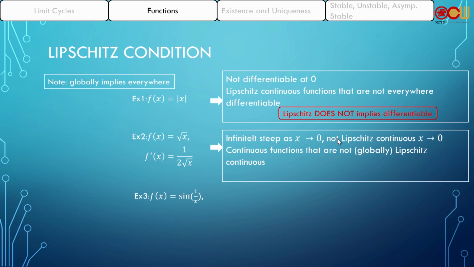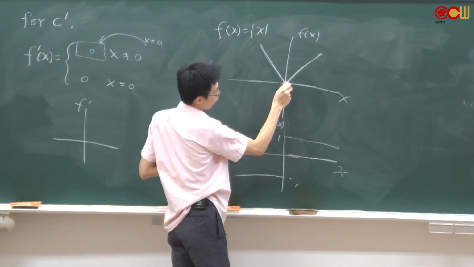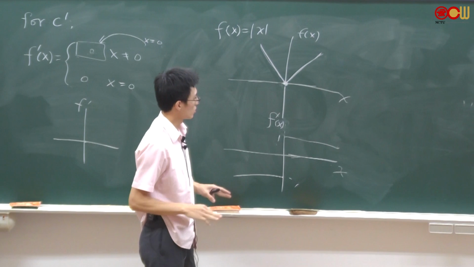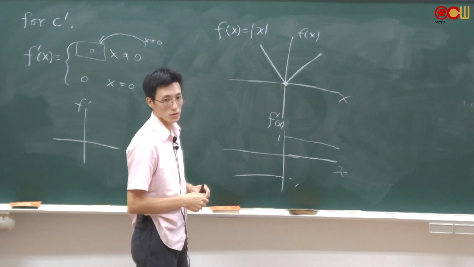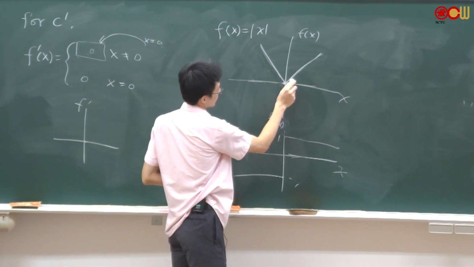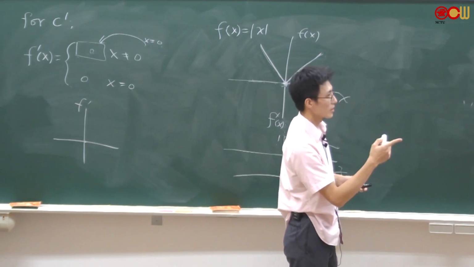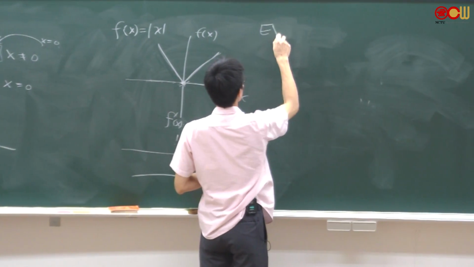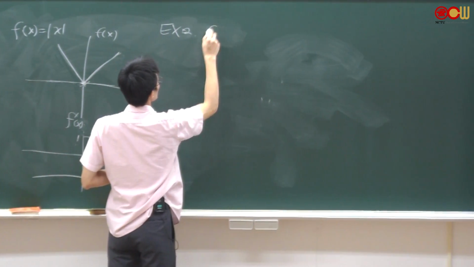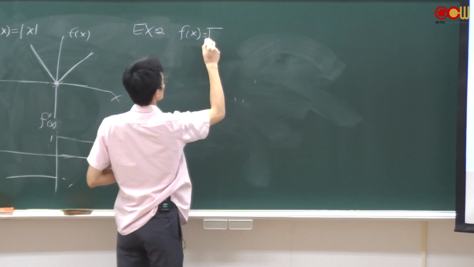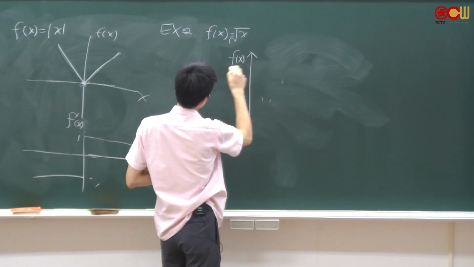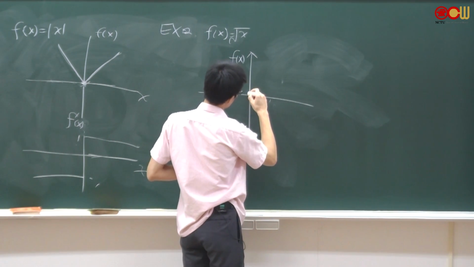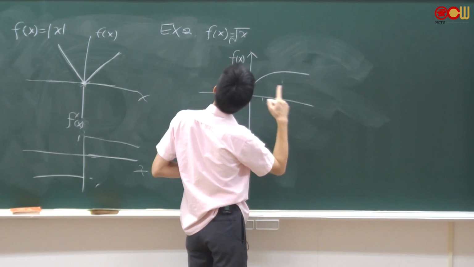Okay, so the first example here is not global because if only one point is not differentiable, then it's not globally differentiable or continuously differentiable. It's everywhere, but not here. Same as the second example. For this function, the configuration looks like this.